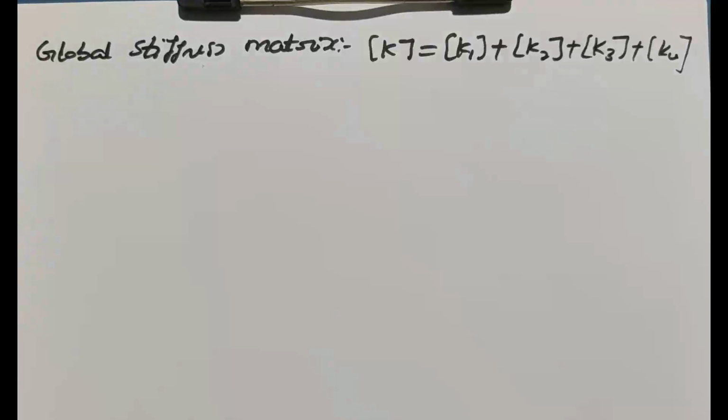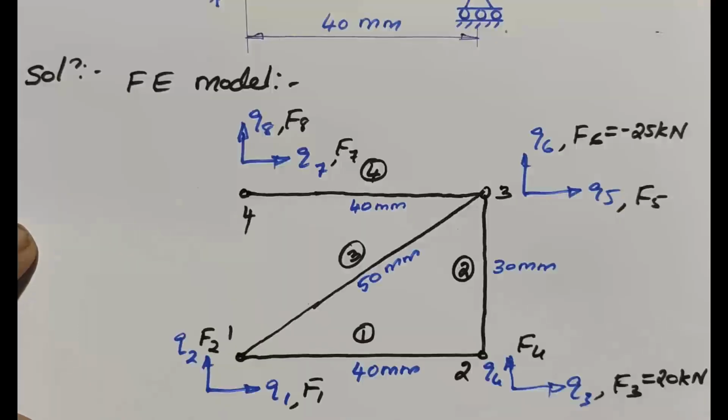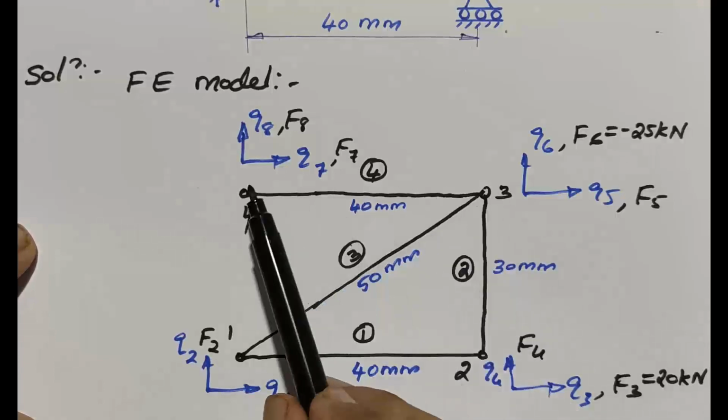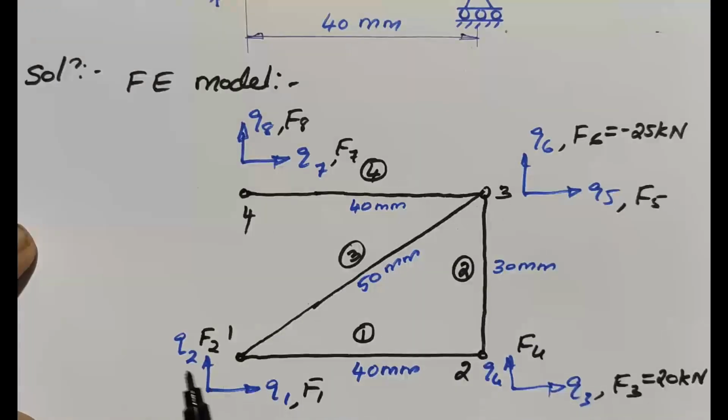Now what about the order of the global stiffness matrix? See the finite element model. Here there are 4 nodes. Each node has got 2 degrees of freedom. Means the total degrees of freedom for this given truss structure will be 8. Therefore the order of the global stiffness matrix will be 8 cross 8.